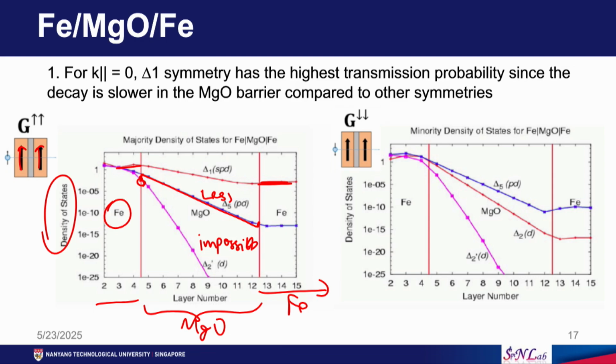Okay. So, he calculates the density of states for various configurations. Here is the majority electron, and this is for minority electrons to go through the parallel state. All these things he looks at and he says that for this particular delta 1 band, the band matching is very good. So, the electron tunneling probability is very high.